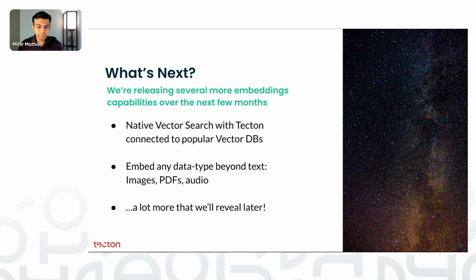We're also going to add support for data types beyond text. So images, PDFs, audio, any data type. And there's also a lot more stuff that we'll reveal later that's more of the visionary stuff that we're really excited to work on and talk about later.